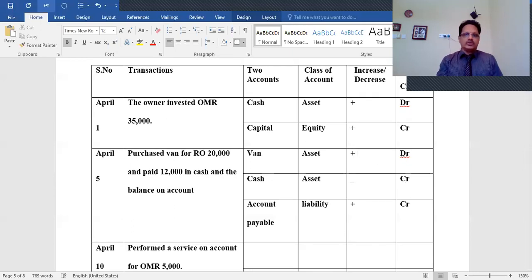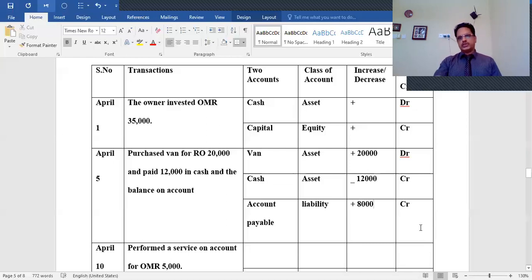You can write the amount here. Here it will be 20,000, here 12,000, and here minus, less. Minus means asset decreases by 12,000, cash decreases, and liability increases by 8,000.